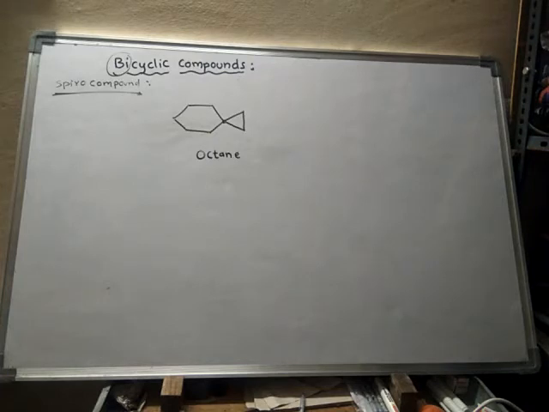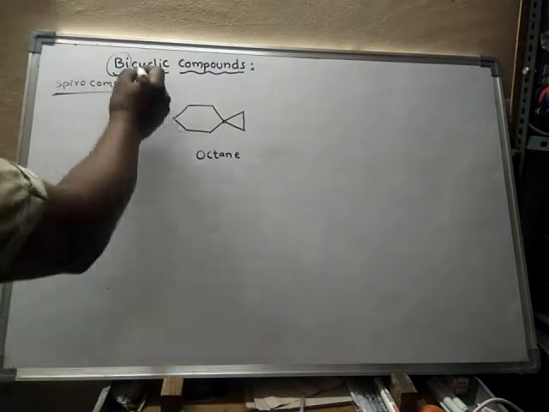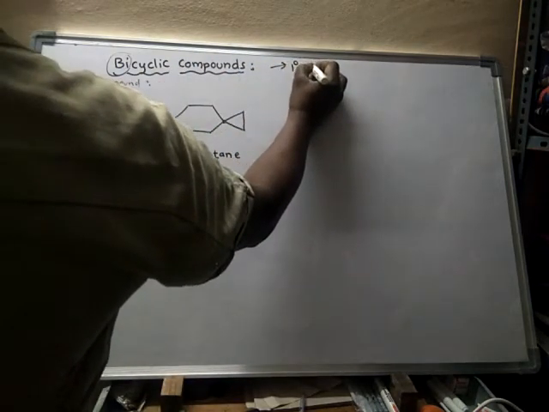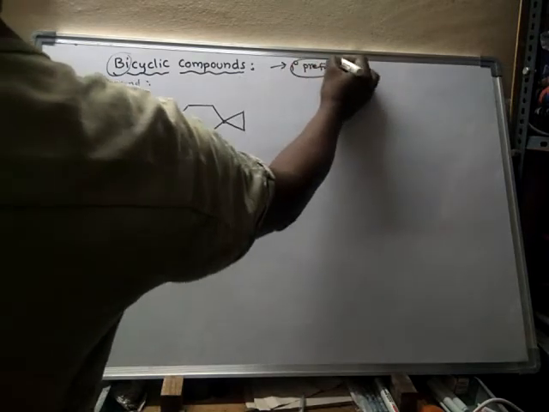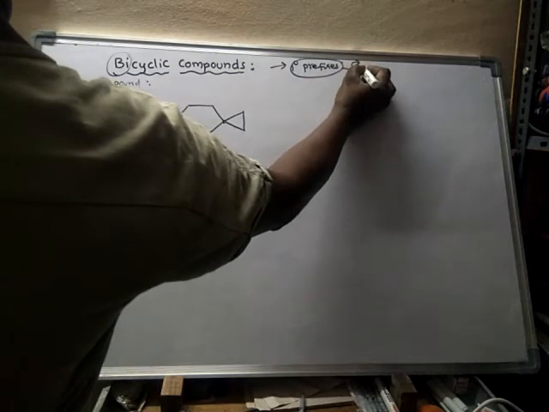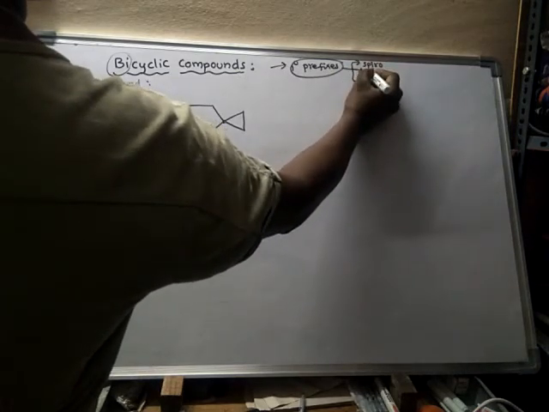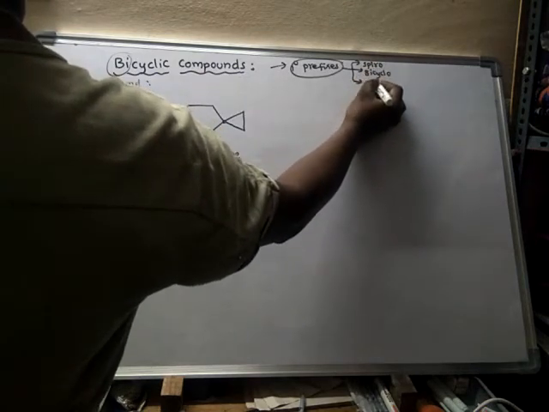Before this root word, we have to write a prefix. Bicyclic compounds are related to primary prefixes. Primary prefixes mainly are of three types: spiro, bicyclo, and tricyclo.